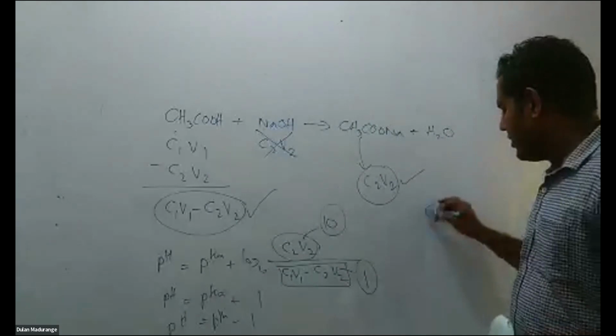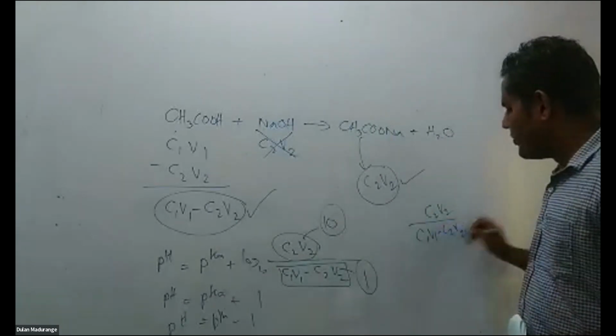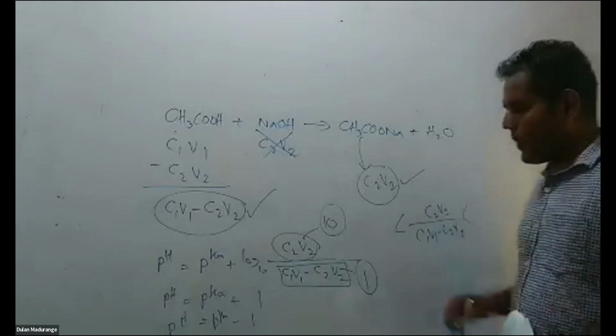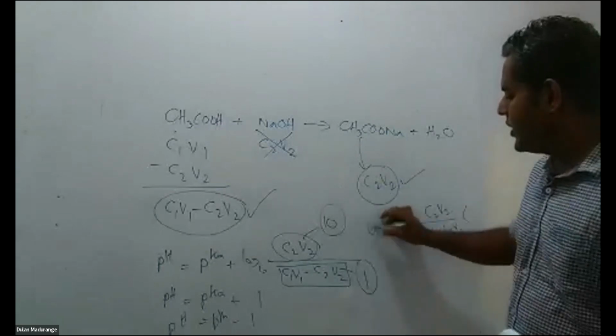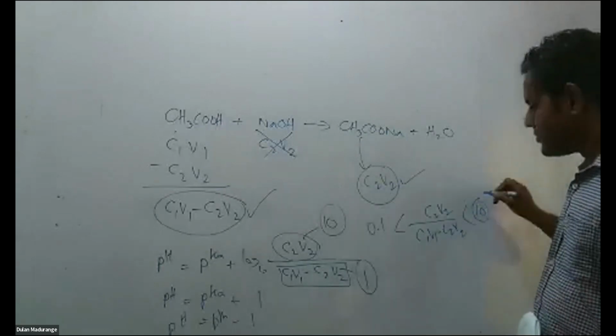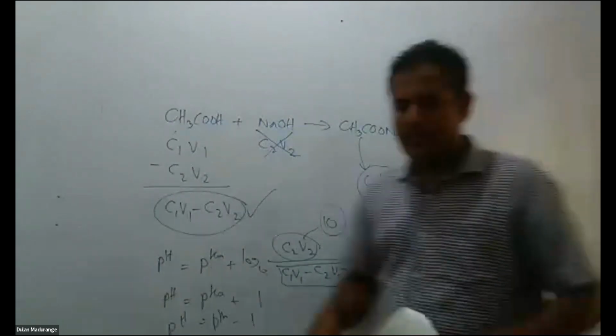C2V2 over C1V1 minus C2V2 should lie between 10 and 0.1. If it is 10, it becomes plus 1; if 0.1, it becomes minus 1. So that is the ratio.